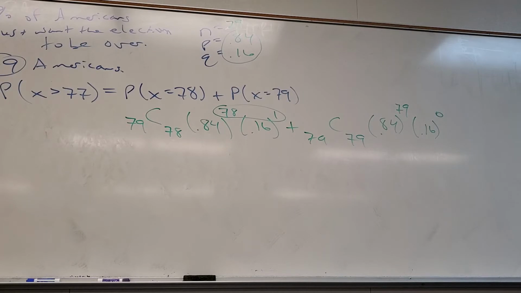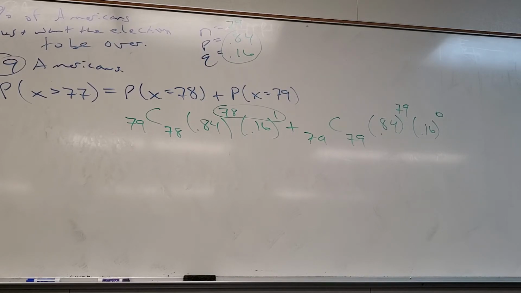Let's see what happens if I put this in. 79 choose 79 times 0.84 to the 79 times 0.16 to the 0. And what's really funny about me plugging all that in, what is anything to the 0 power? 1.